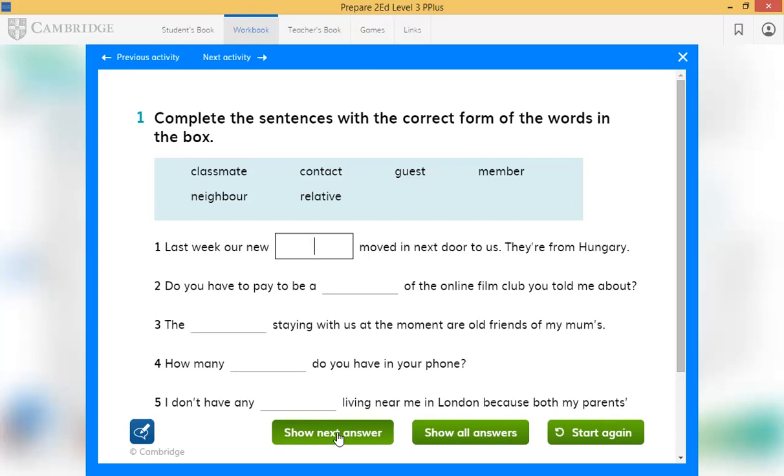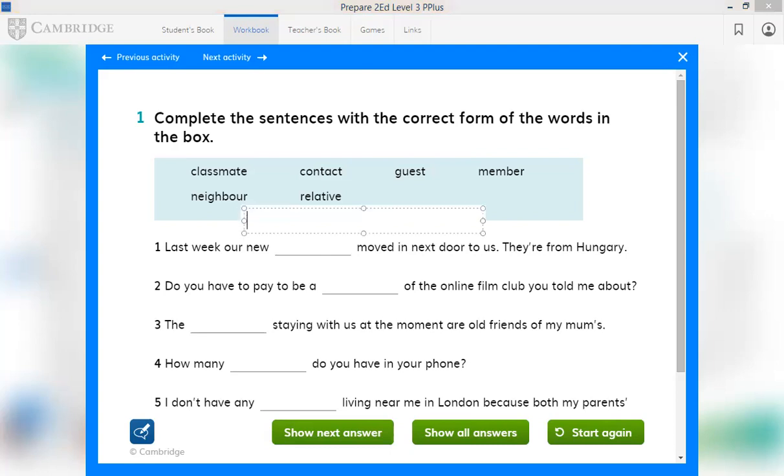Member. Member can be possible. Let me write it here. Member. Uh-huh. Is there only one possibility for you guys? Read one more time. Last week, our new blank moved in next door to us. They are from Hungary.